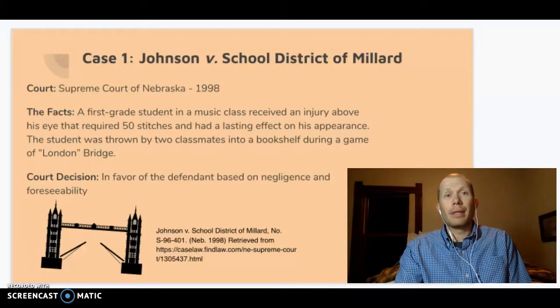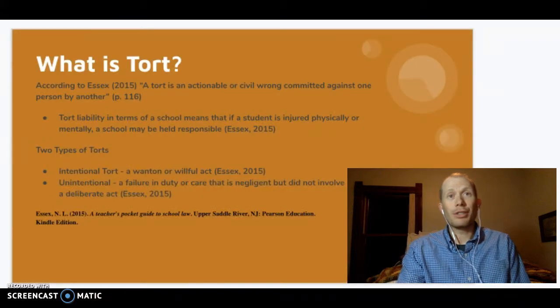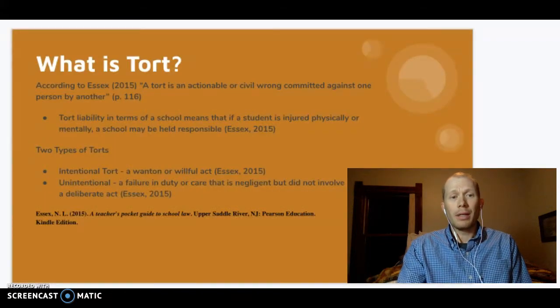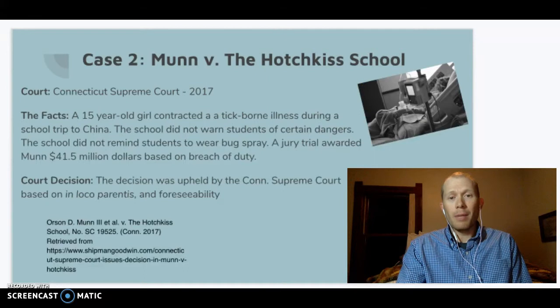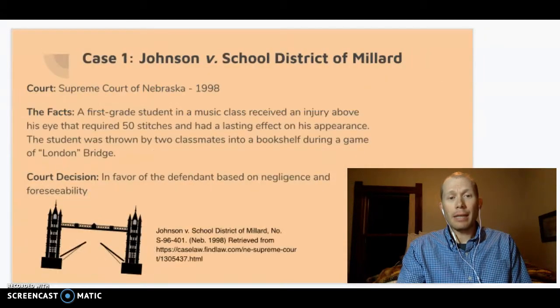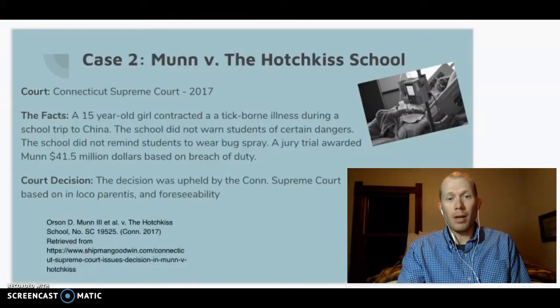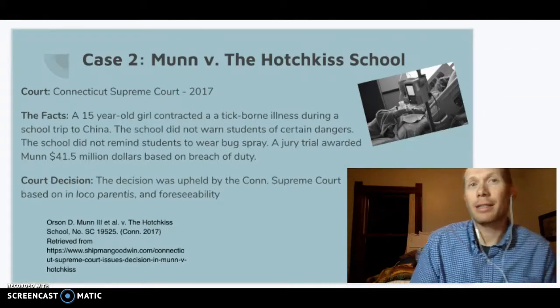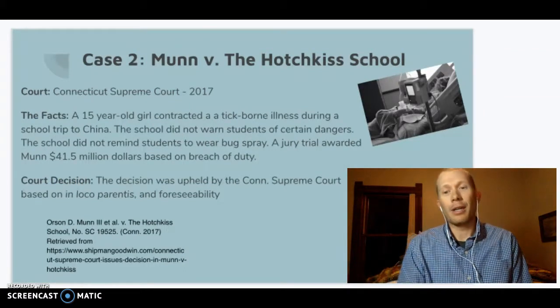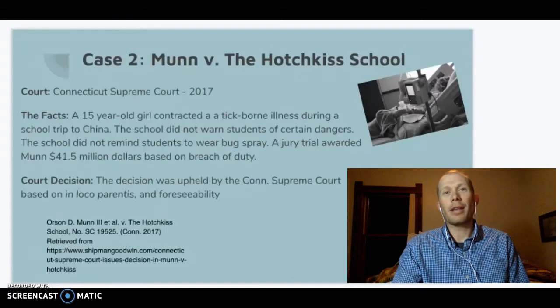She was negligent. Now, in case 2, Munn versus Hotchkiss School. Munn was a 15-year-old girl who contracted a tick-borne illness on a school trip to China. Now, this was a private school, and she contracted the illness, which was serious and incurable.